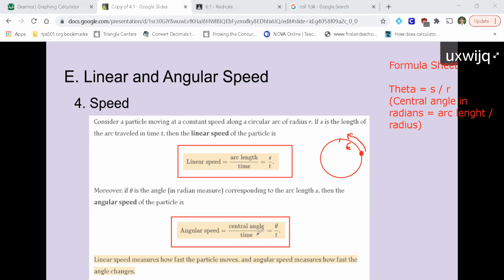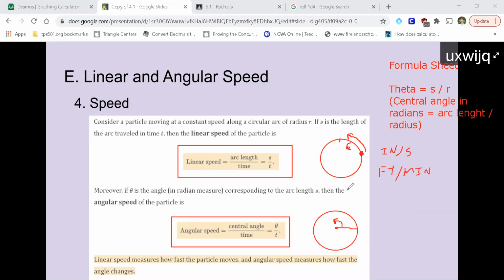The angular speed is for a given, again, imagine a wheel. But this time, we're not looking at the edge of the wheel, but at the angle that the wheel is rotating. How many degrees or radians or revolutions, usually the most common unit, in a certain amount of time. So the units for linear speed are a distance divided by time, like inches per second or feet per minute, right?